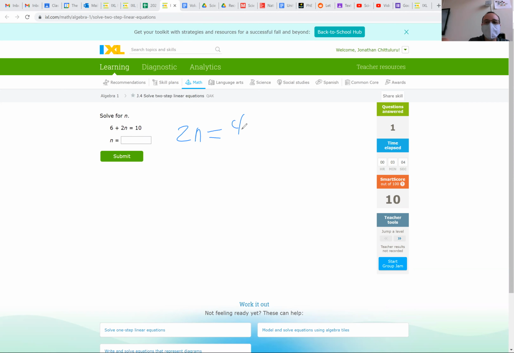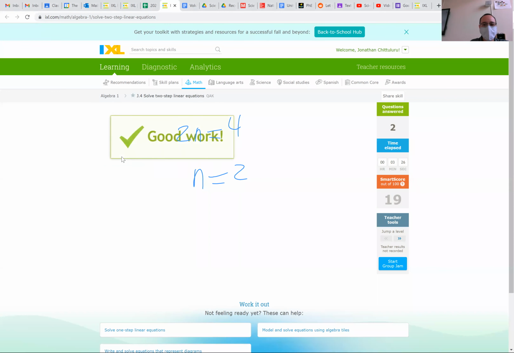Because we've subtracted 6 from both sides. All right, 2n equals 4. Now we're multiplying by 2 on the left. So we need to divide both sides by 2, okay? Because our n is being multiplied by 2 and we're trying to solve for n. So divide by 2 on both sides. We get n equals 2, okay? So let's go ahead and put that answer in. Boom. All right, so let me go ahead and clear this up.